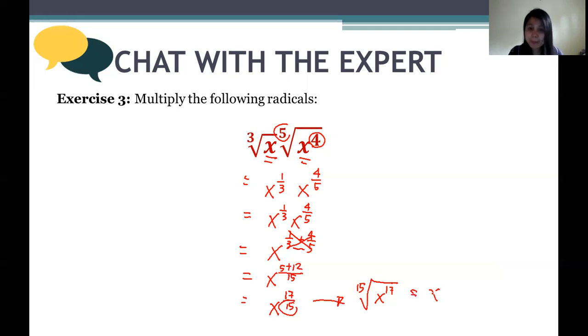So x to the power of 1 outside. But there is a remainder. That's 1, remainder 2. So the remainder will be the exponent of the radicand inside. Our final answer is x times the 15th root of x squared.